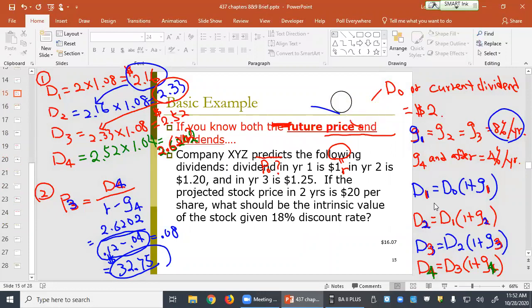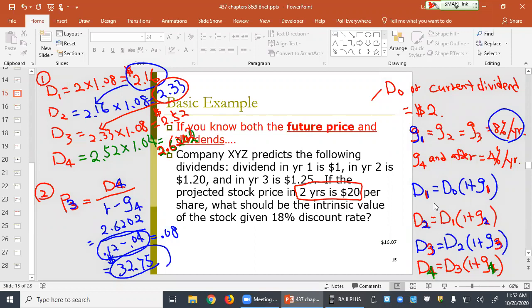In that very first numerical example, we find the stock price 2 years from now is $20, so we assume that we will sell the stock at the end of year 2 at this price.